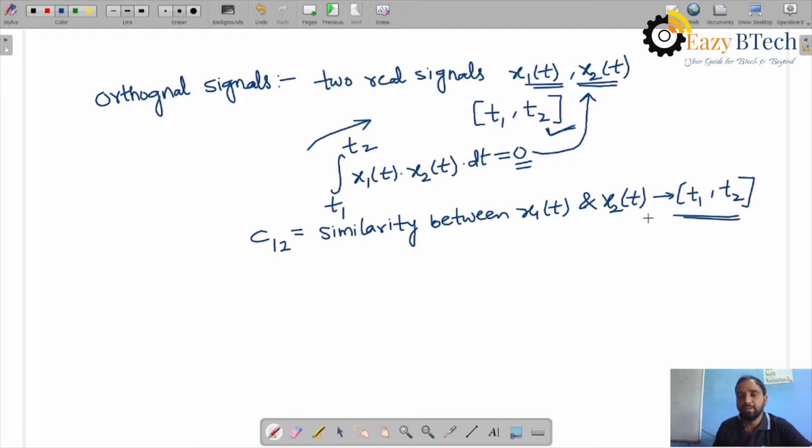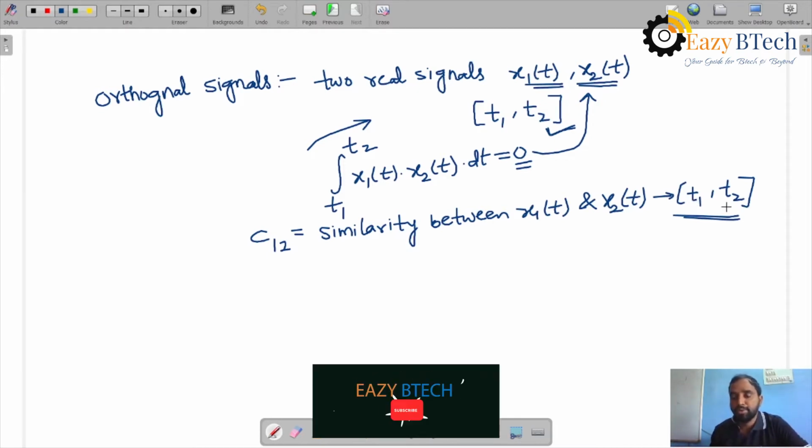Not for the total time are we checking the similarity, only the particular time interval t1 to t2.